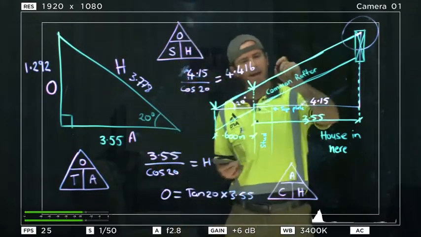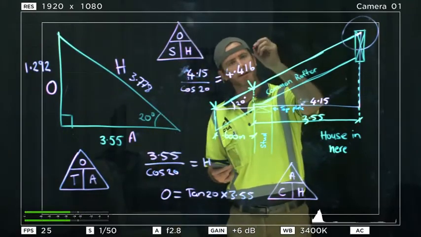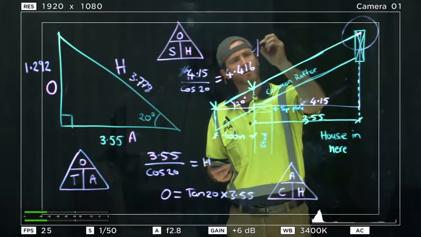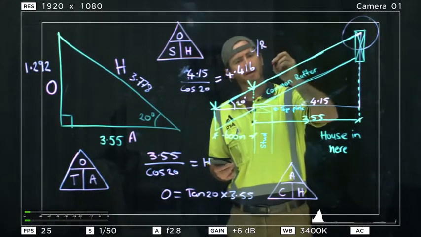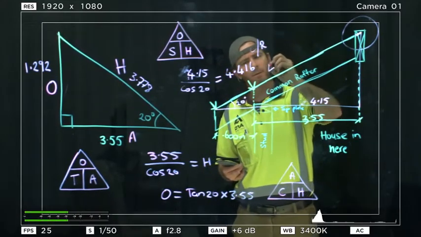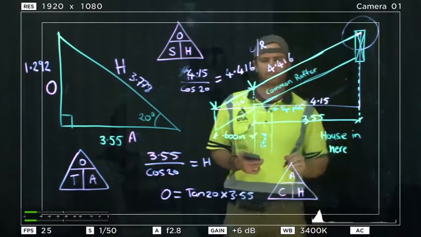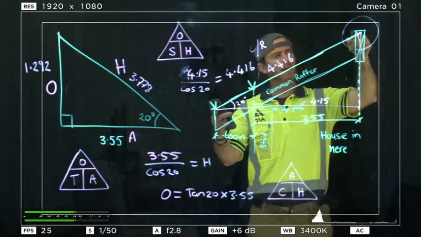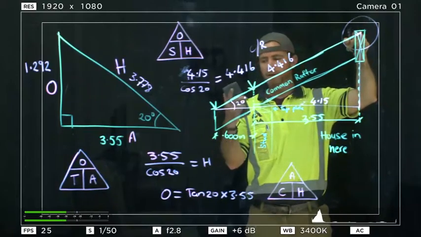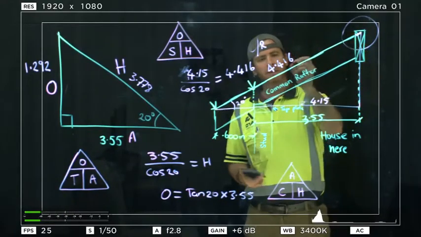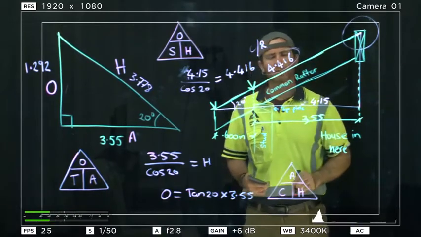Cool, so that's our common rafter length. So we can calculate that the long point of that rafter to the short point of this rafter is 4.416.